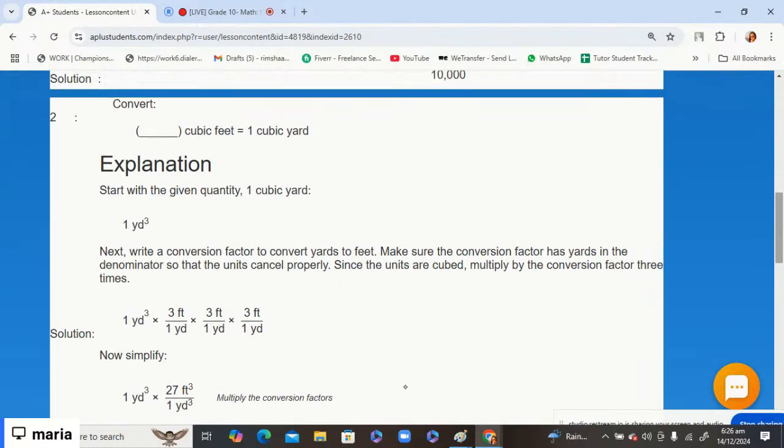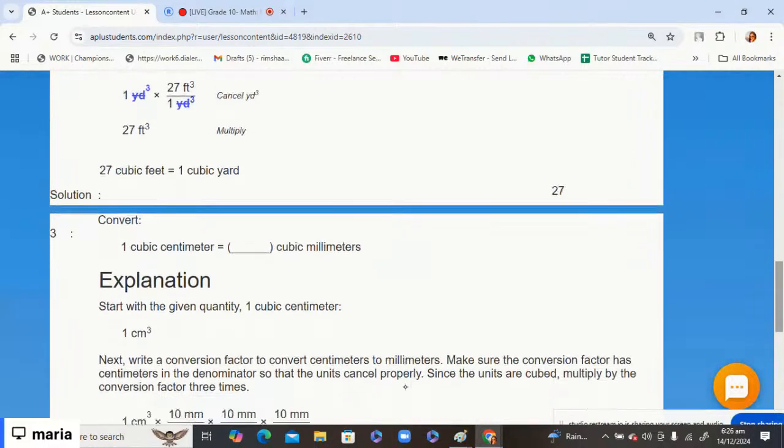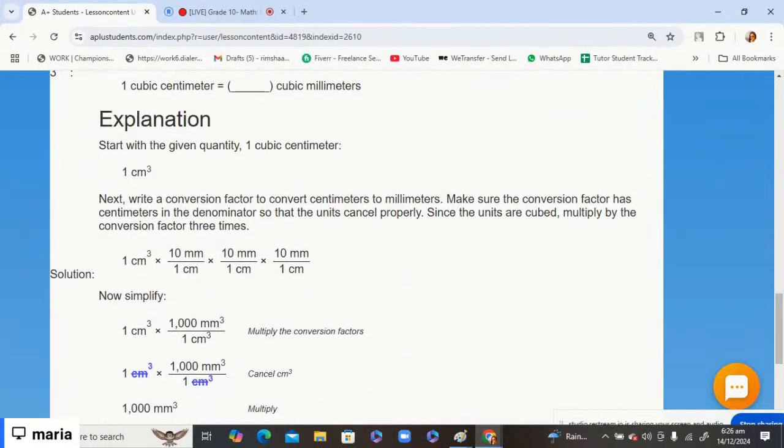now here is a cubic feet and 1 cubic yard. Cubic, it's 3 times, so 3, 3 and 3, 3 times 3 is 9, 9 times 3 is 27. So we are going to multiply with it. Now 1 cubic centimeter, how to convert this one? Let's do it.